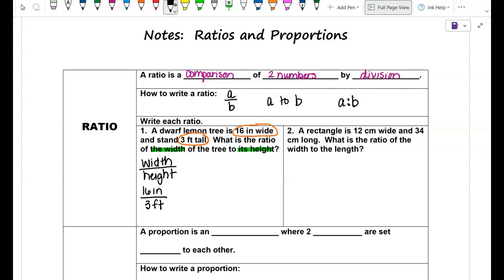The problem here is I have 2 units of measure. I can't compare things if they're not the same unit of measure. So I'm going to add a little note over here. In order to compare, they must be in the same unit of measure.